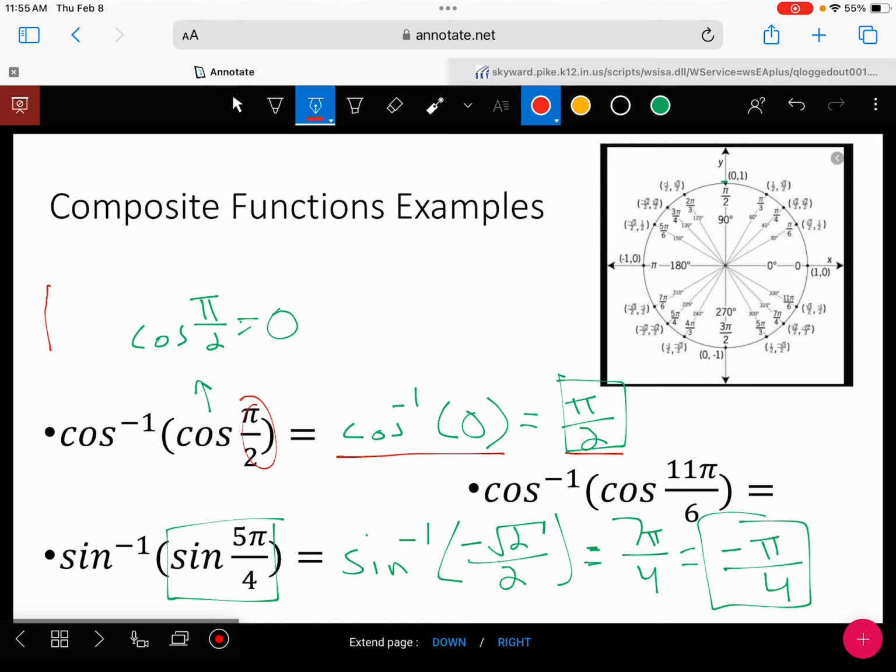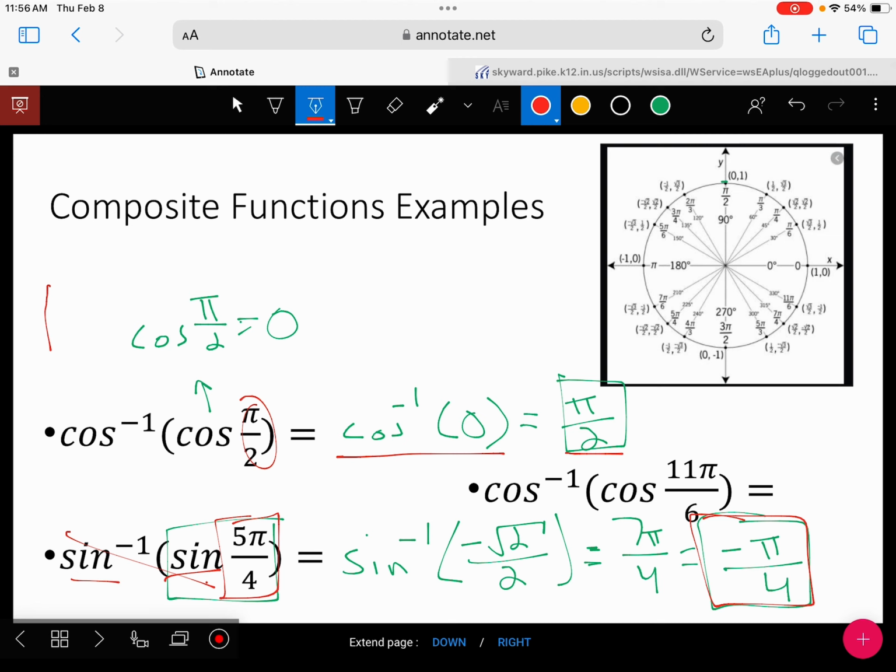If we were to use that trick down here and say, okay, inverse sine of 5 pi over 4, these are the same function and one of them's an inverse and they'll undo each other, we would have said our answer was 5 pi over 4. It's not. Negative pi over 4 isn't even a coterminal angle for 5 pi over 4. 5 pi over 4 is in our third quadrant. Negative pi over 4 is in our fourth quadrant. You aren't even close to right. Trust the process. Evaluate the inside, plug the inside, and evaluate the outside.